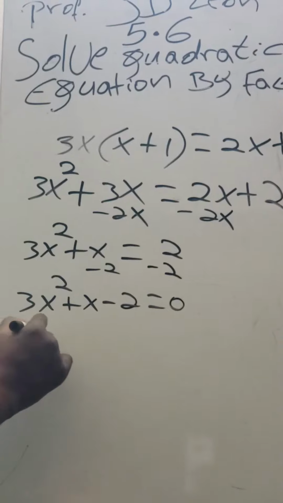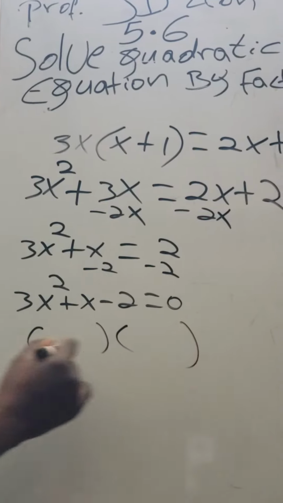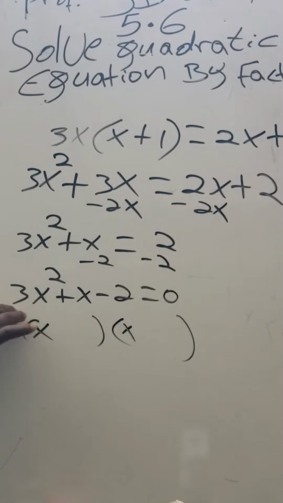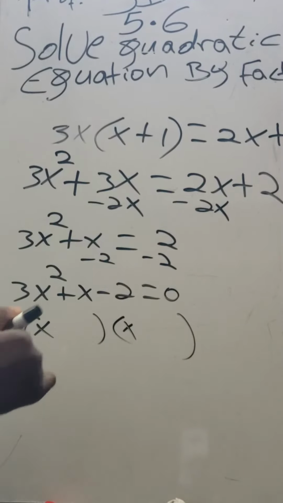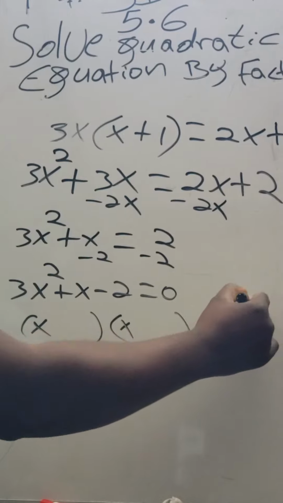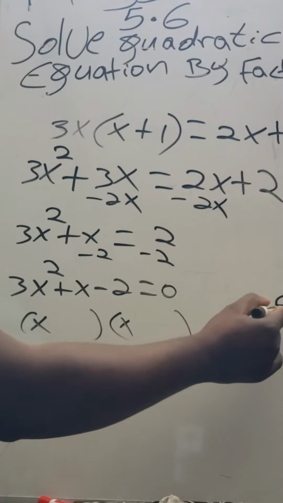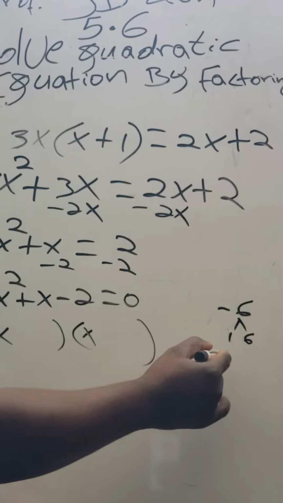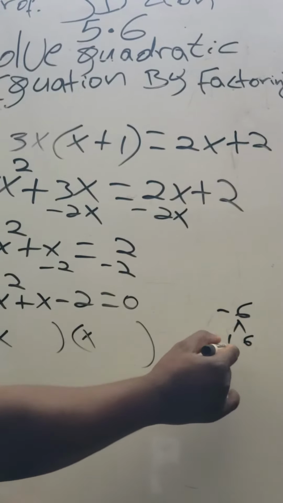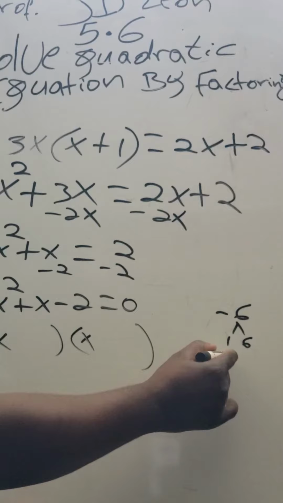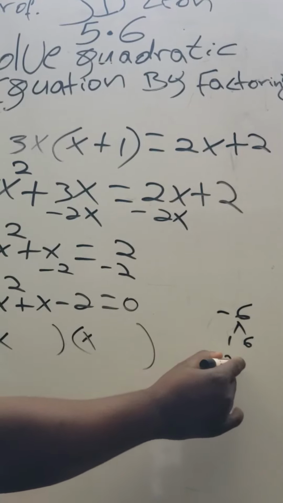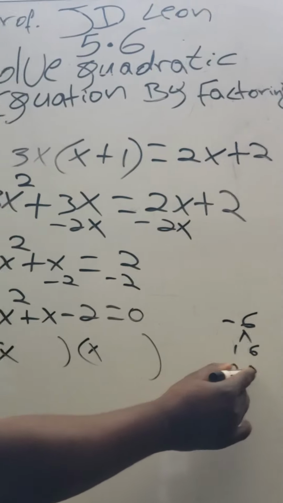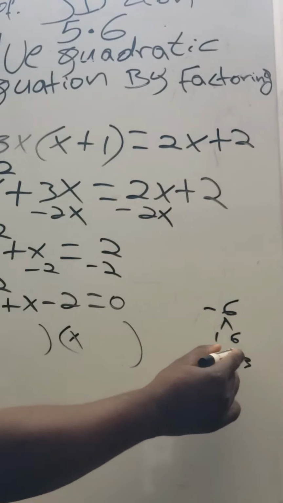So then we'll just draw our parentheses and then x and x. 3 times 2 is -6, so 6, if we break it down, divided by 1 is still going to be 6, and then we could divide by 2, 6 divided by 2 would give us 3.